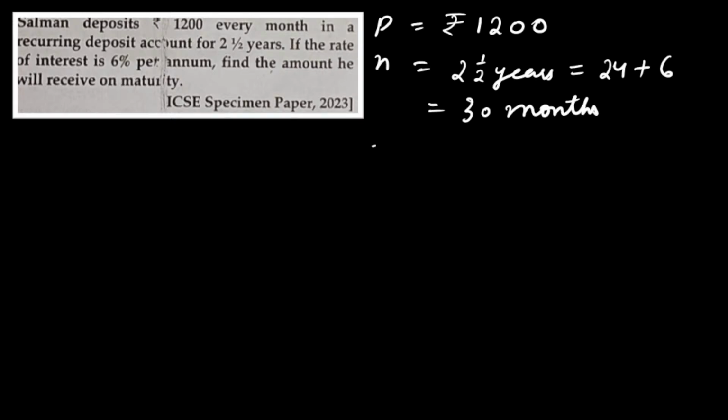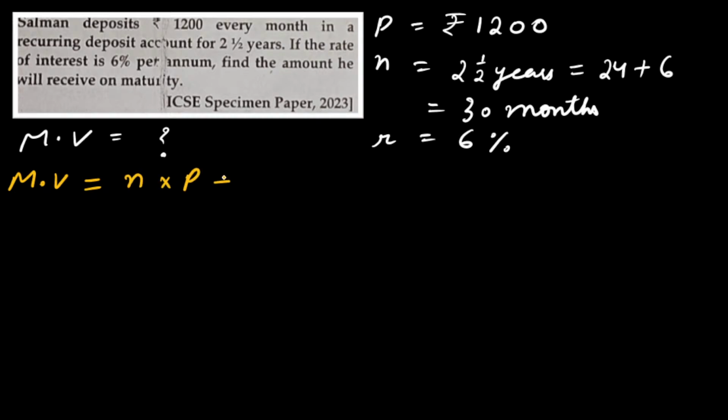The rate of interest R is also given to us as 6%. Find the amount he will receive on maturity. The amount he will receive on maturity means we have to find the maturity value. If we have to find the maturity value, we can make use of the formula of maturity value, which is N into P plus I. In place of I also we can write its formula.